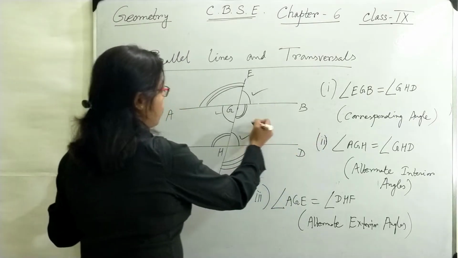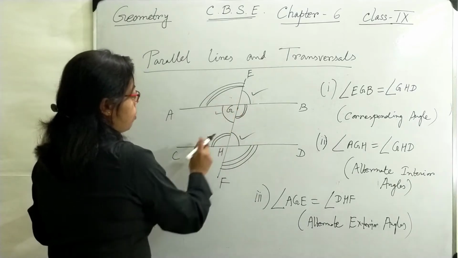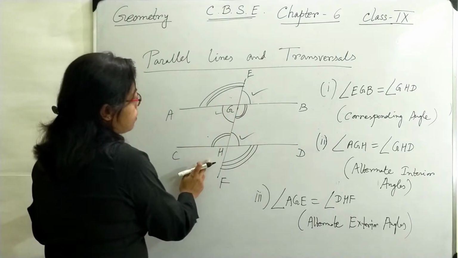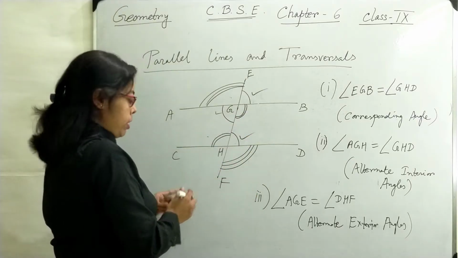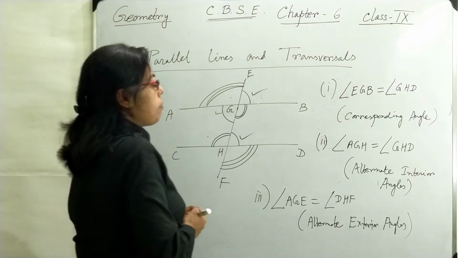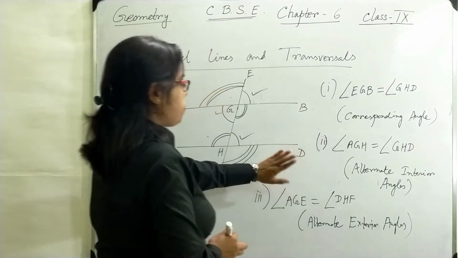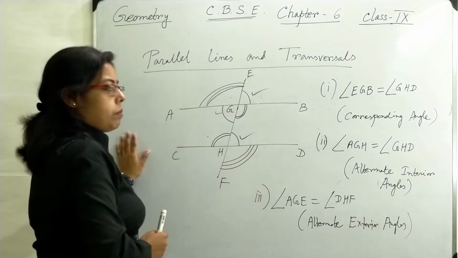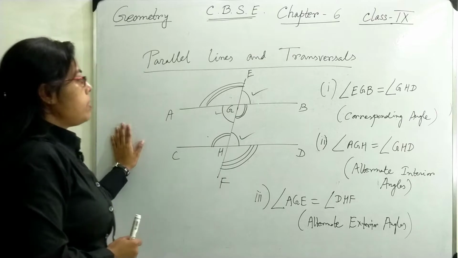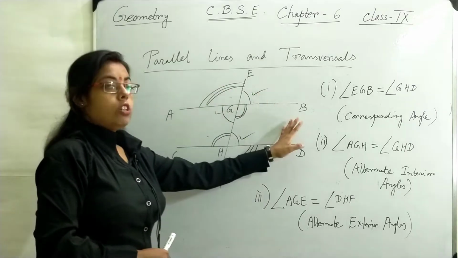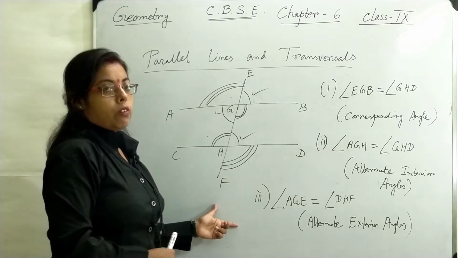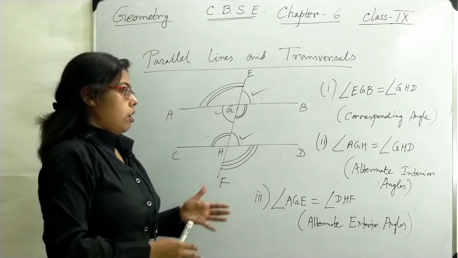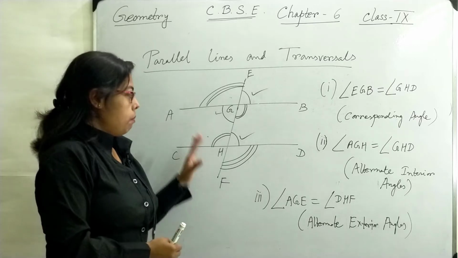Corresponding angles: this one is the corresponding of this one, and this one is the corresponding of this one. You will find it in your picture, in your copy. I am giving just one example for each type. Clear? So parallel lines and transversal are very important. It will be helpful for you to prove theorems when we proceed further. Okay, please note it down.